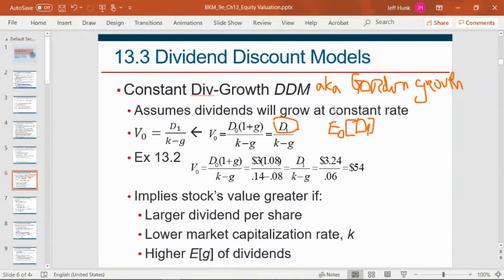And therefore, our first question is, how do we calculate this growth rate?